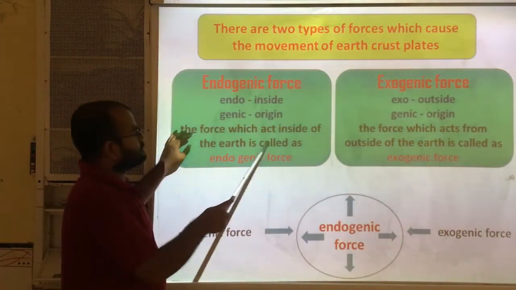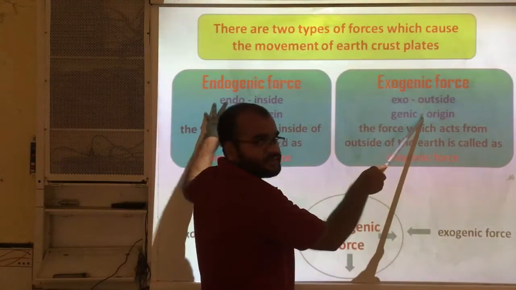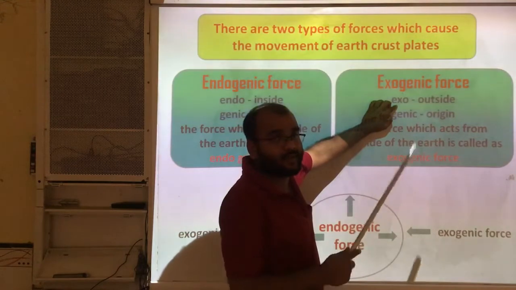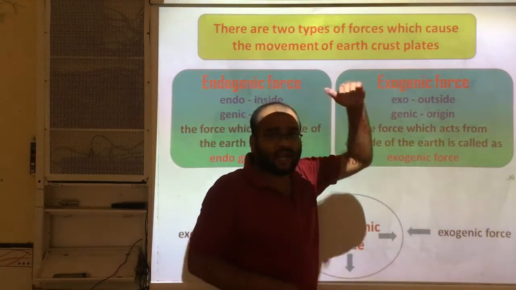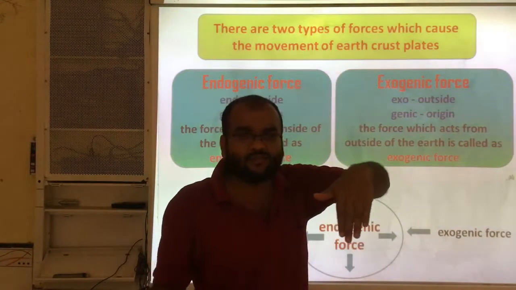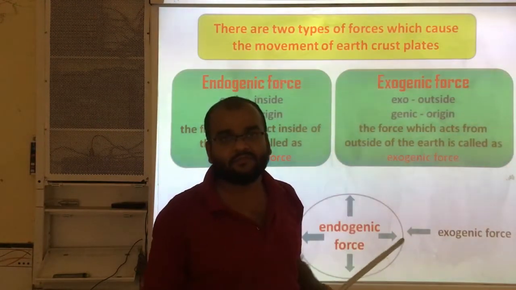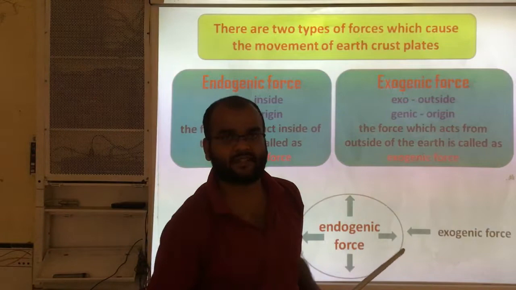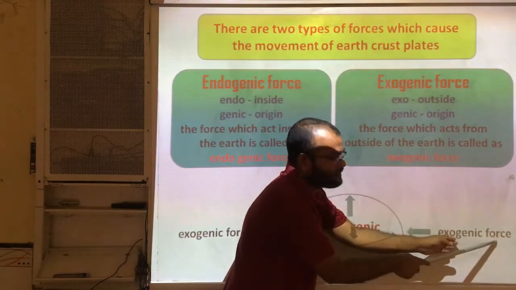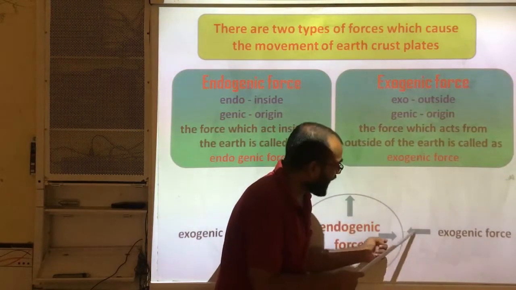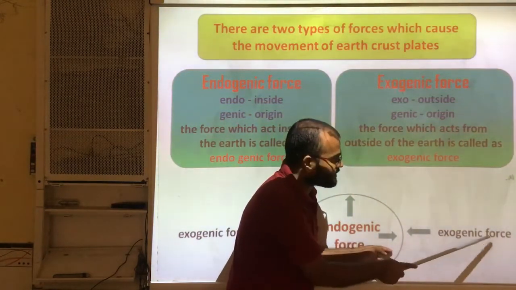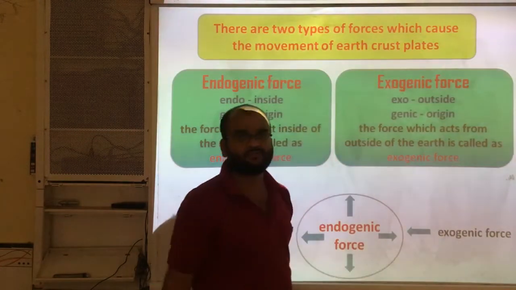And next, exogenic force. Here exo means outside. From outside the earth crust, some force will be applied on the crust. You can see here, exogenic means outside. From the outside, one force is acting on this earth crust. That's why this force is called exogenic force.